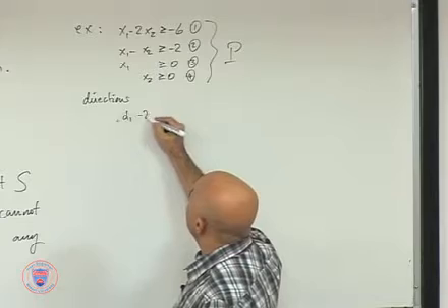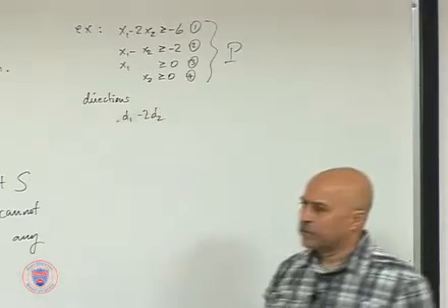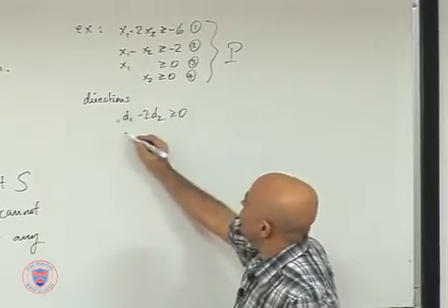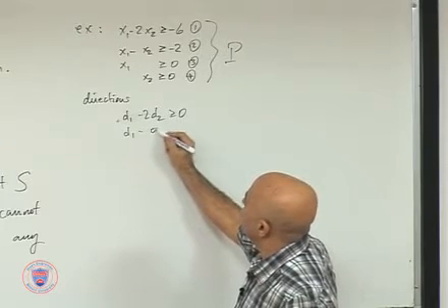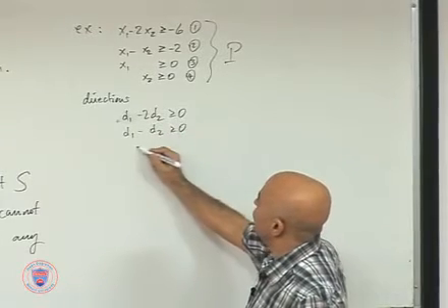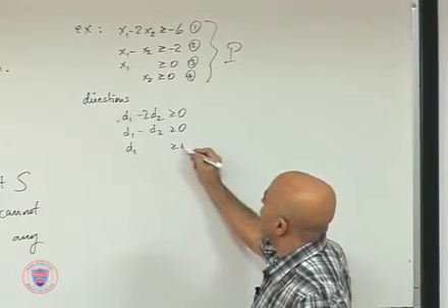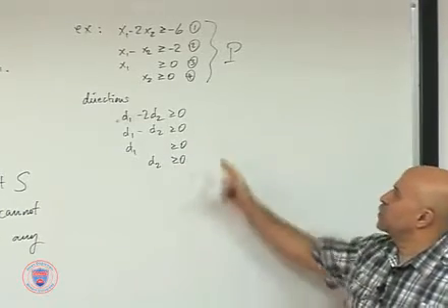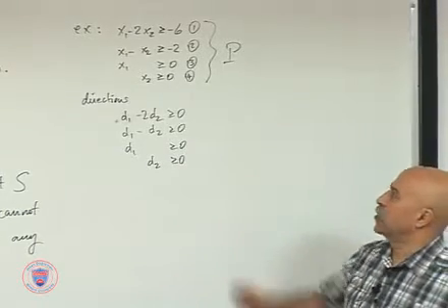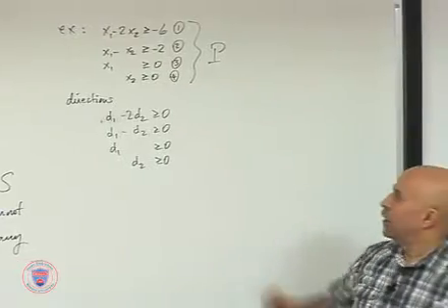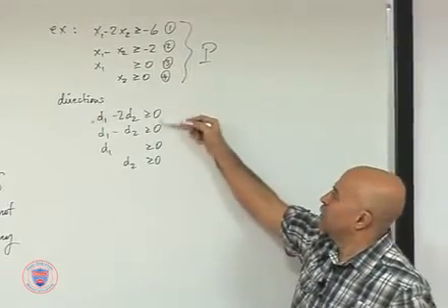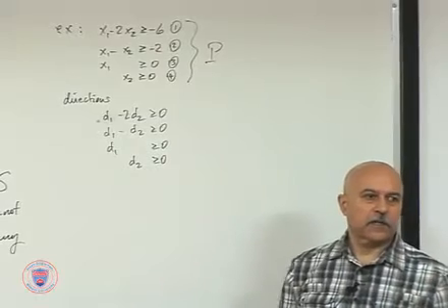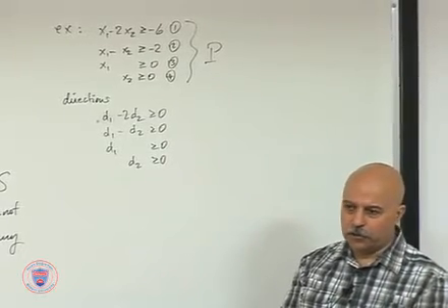Let me change this to D1, D2 greater than or equal to 0, D1 minus D2 greater than or equal to 0, D1 and D2 both non-negative. Of course, number 3 and number 4, they don't change. They are already stated here. The other ones, the right-hand sides, are changed. So all of these constraints are now passing through the origin.